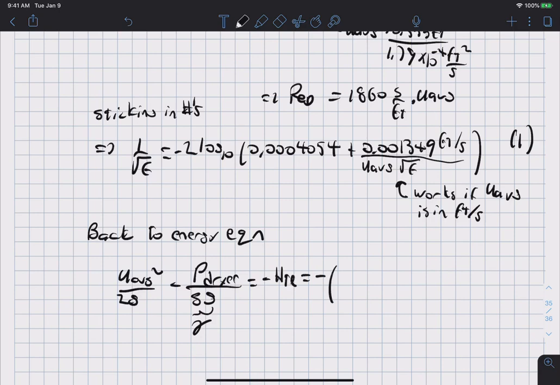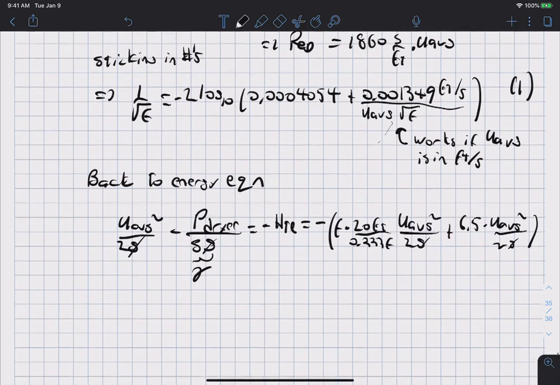I'm going to stick in what we know about the head loss: F times 20 feet over 0.333 feet, that's L over D, times U averaged squared over 2g, and I'm not going to stick in g yet, plus 6.5 times U averaged squared over 2g. Notice that everything here is divided by the same g, so we can just cancel those out. There was an advantage to not dividing that by g just yet. And so we can solve this for P dryer.